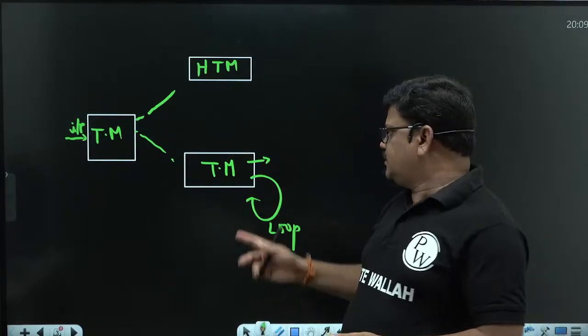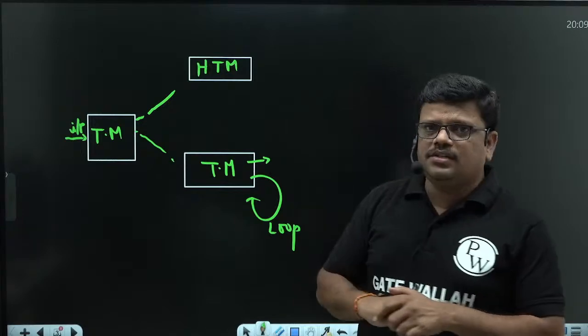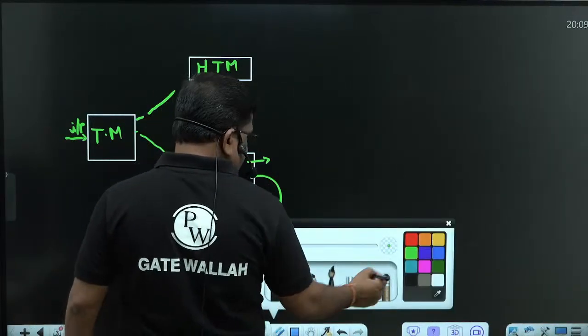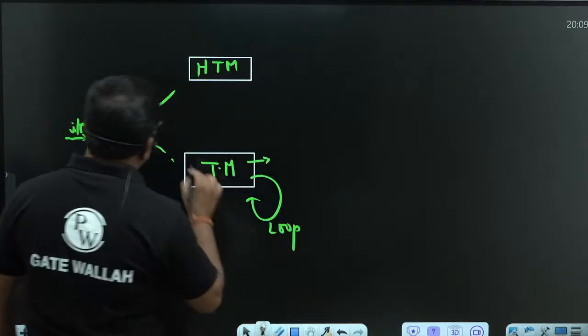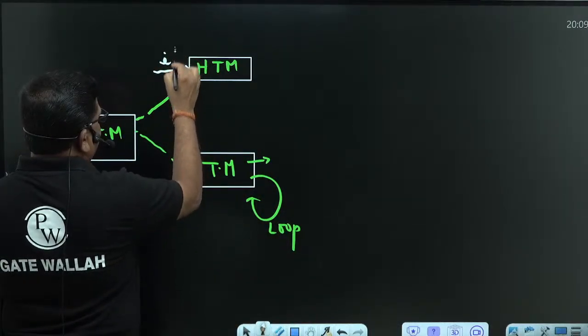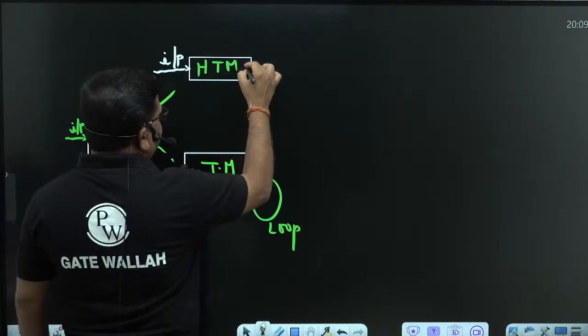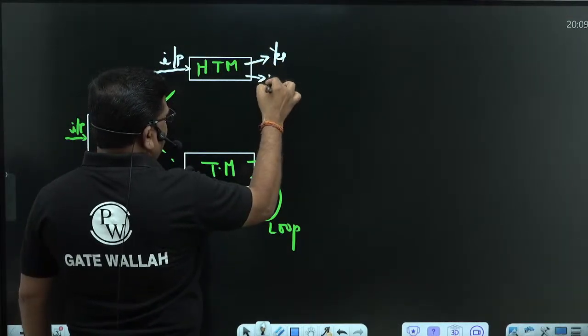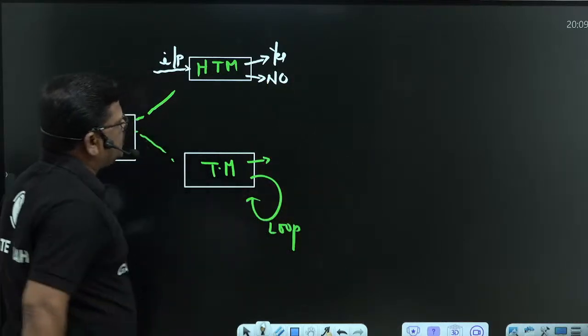What is this halting Turing machine? A halting Turing machine is a Turing machine that takes the input and halts for every input. Sometimes it will halt in the final state, sometimes in the non-final state.